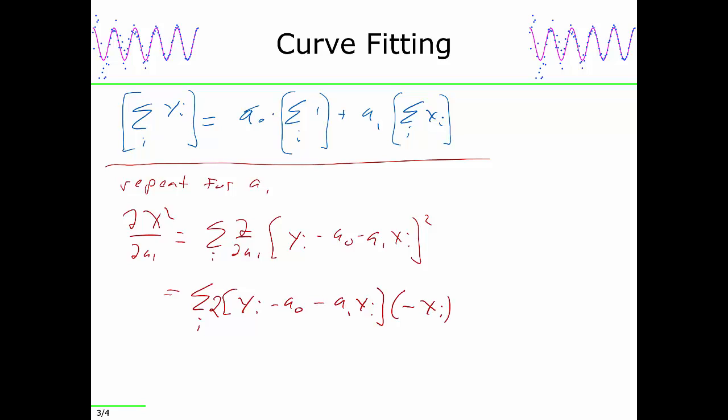I'm going to pull out that factor of negative 2 because this whole thing again is equal to 0, just like I did before. And this will be negative 2 summation over i of xi yi minus a0 xi minus a1 xi squared equals 0.